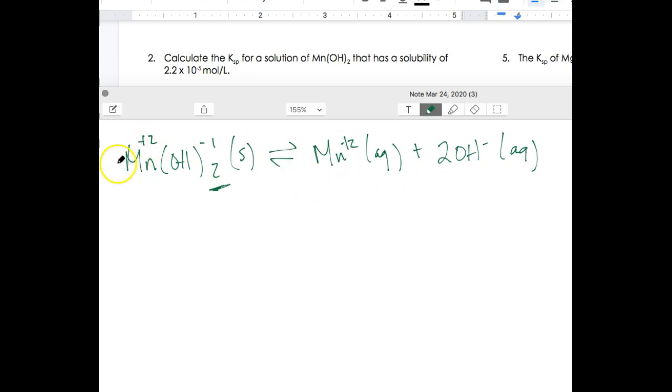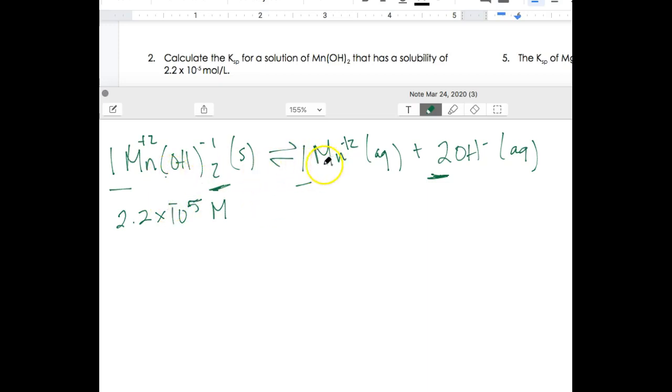Okay, so this is tricky because we don't have a 1:1:1 ratio anymore. We have a 1:1:2 ratio. And it says that this substance right here has that solubility. So that much is going to dissolve.